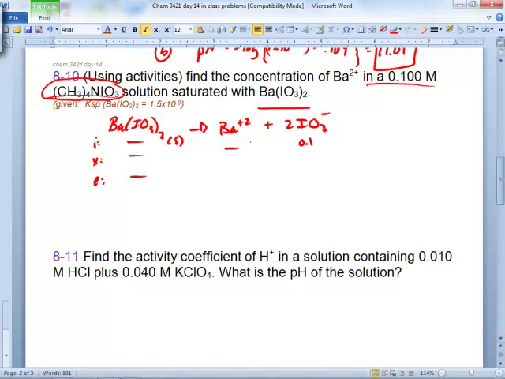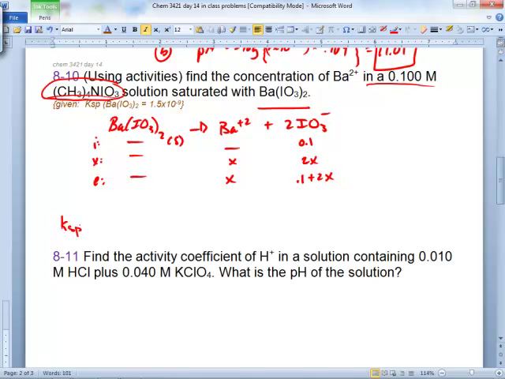Now what? The x's. So you'd have an x and a 2x. Add everything up. We get an x and a 0.1 plus 2x. Now what? Yeah.